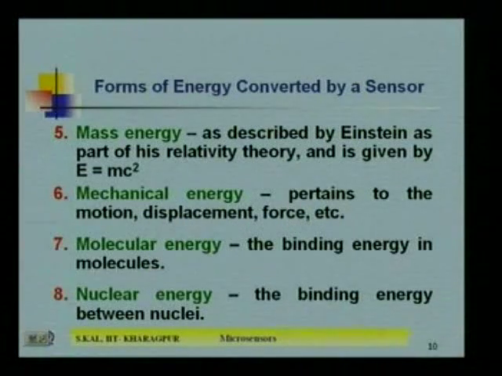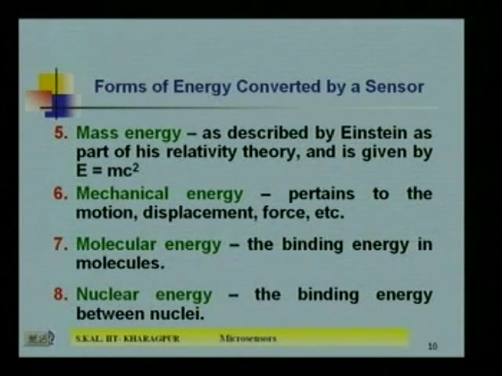Molecular energy is basically the binding energy between the molecules. Nuclear energy is the binding energy between two nuclei. So, you can get the distinction between molecular energy and the nuclear energy.